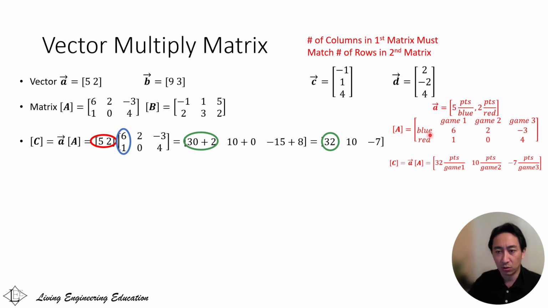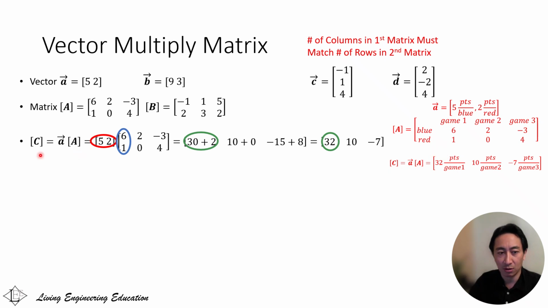Okay, so the vector might dictate the point value of the 2 balls, the red and blue balls, and the matrix itself might represent, for the columns, the games or the rounds that you play, and each row represents the number of blue or red balls that you gained or lost, right?